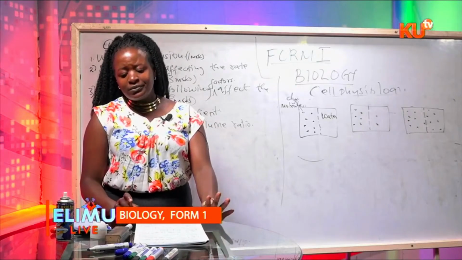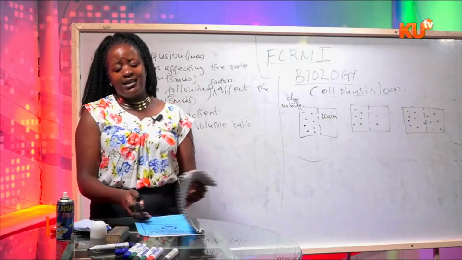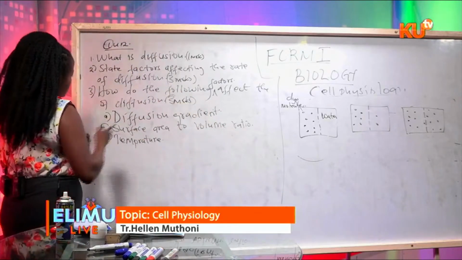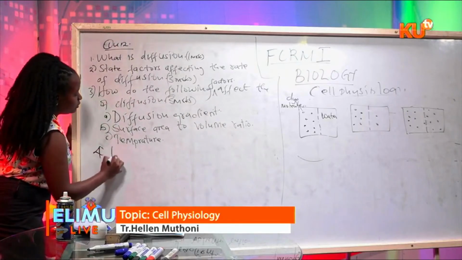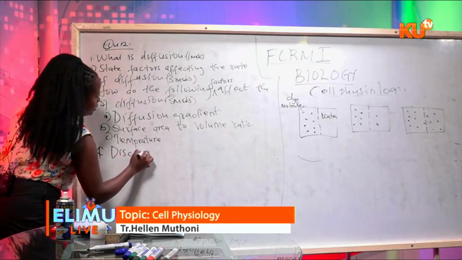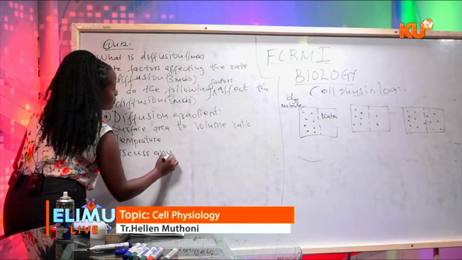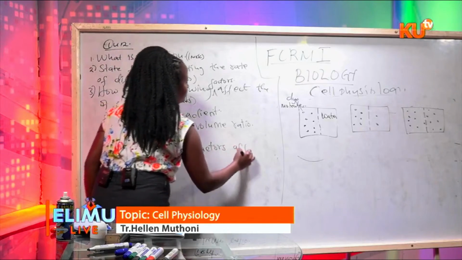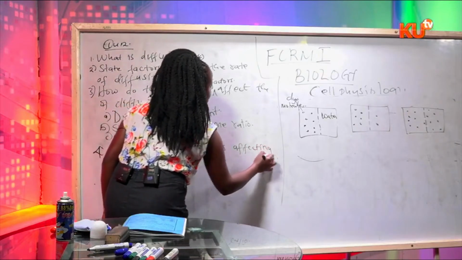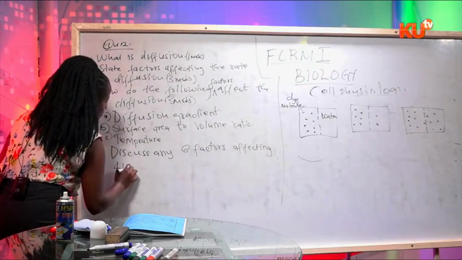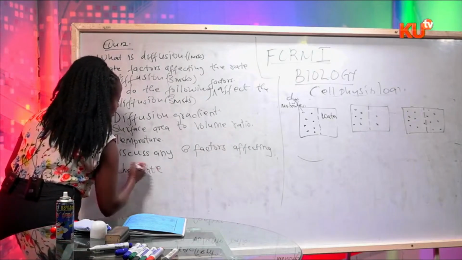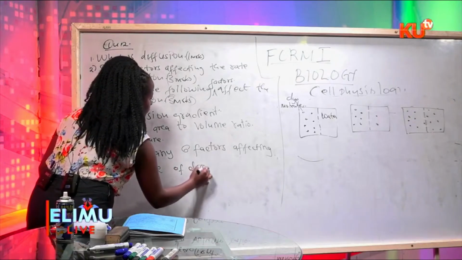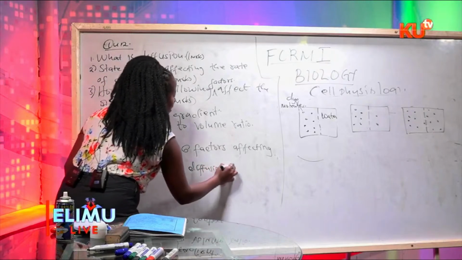And lastly, this question can be asked as an essay, where you can be asked, and you can also attempt this, to discuss any 6 factors affecting the rate of diffusion. 12 marks.